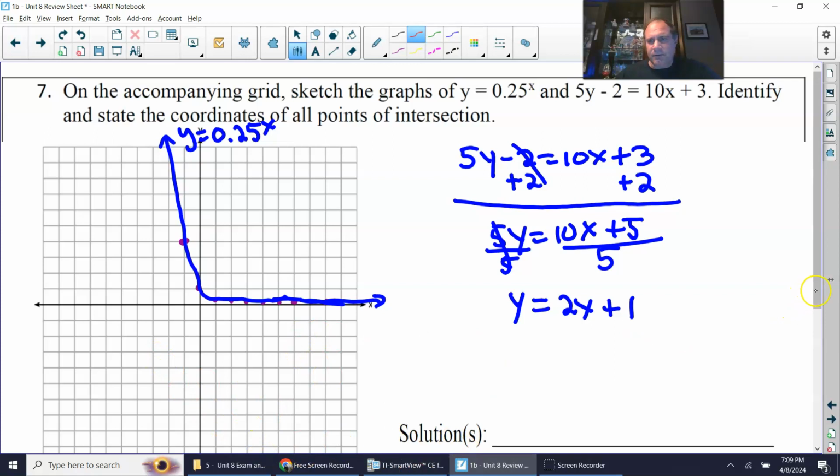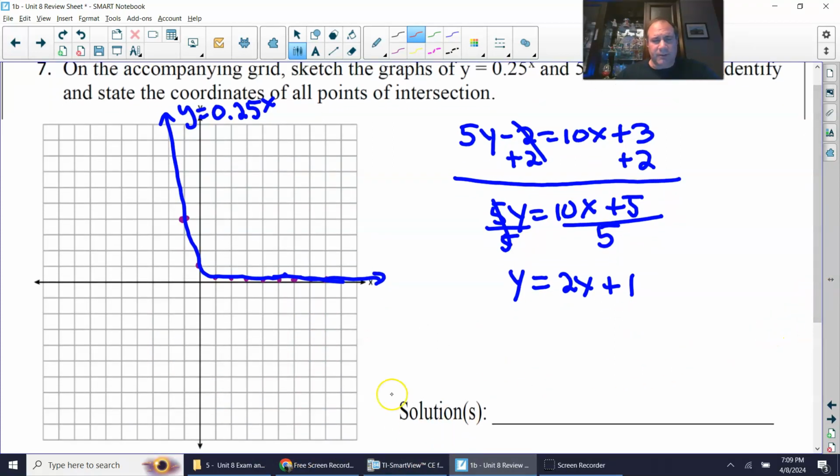Look at the table of values, or you could just do it by freehand. I'm going to graph this one. This is the y-intercept, and this is the slope, rise of 2, run of 1. So I'm just going to go ahead and not look at my calculator and just graph those points.